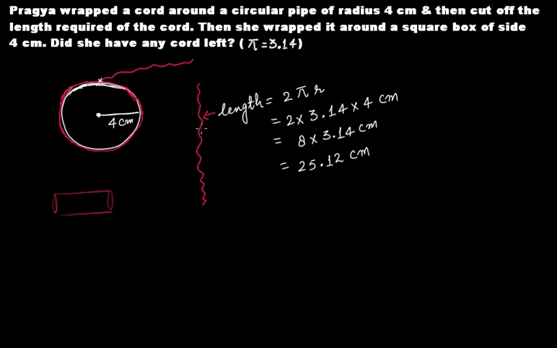Now, she takes this cord, the cut off cord, and she wraps it around a square box of side 4 centimeter. So imagine that this is your square box. The top view of the square box is this one.